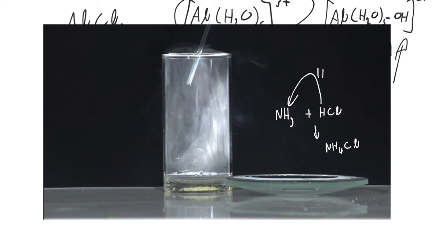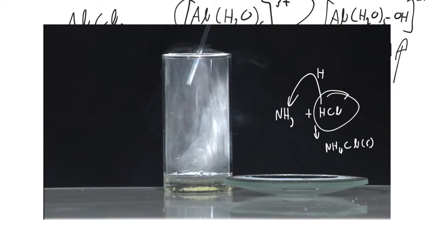It's going to donate an H plus to the ammonia molecule to form the ammonium ion, NH4 plus, which combines with the Cl minus to form ammonium chloride, which is a white solid. And that white solid will be observed as white clouds. So just a test for the presence of HCl.